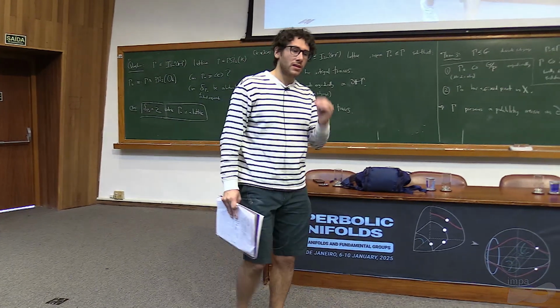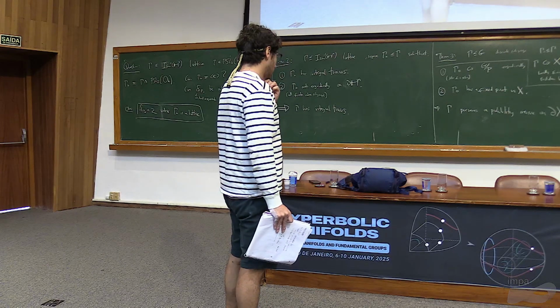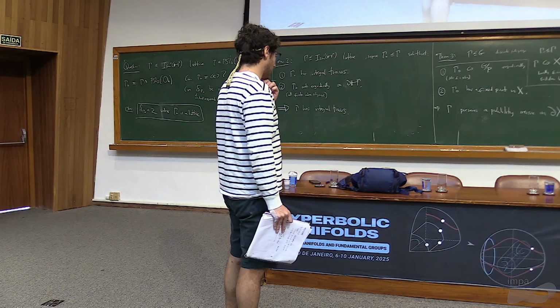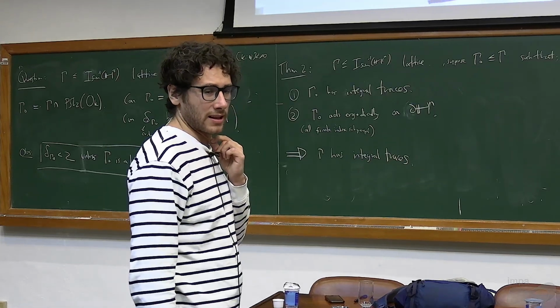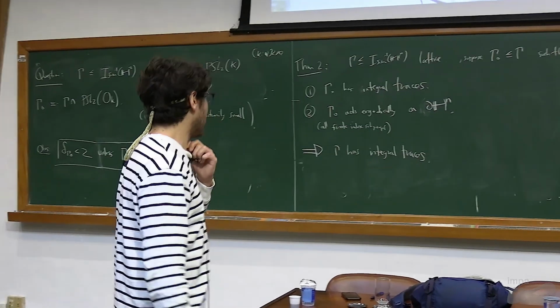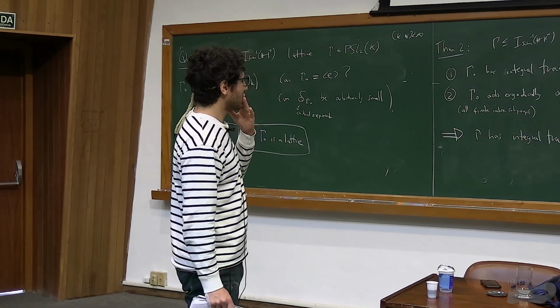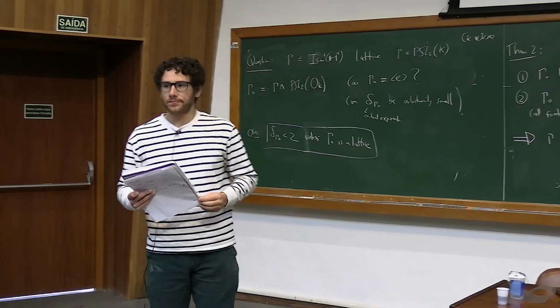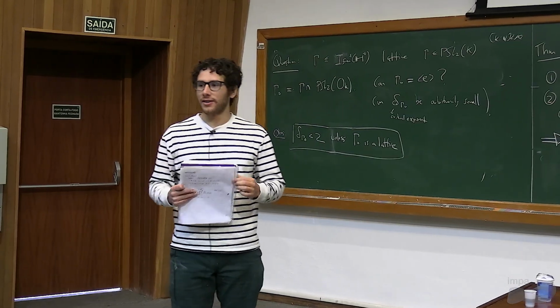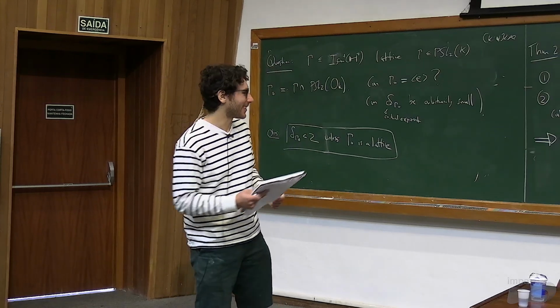If it's not Zariski dense, then the limit set is much smaller than the boundary, so it would not act ergodically. But yes, you always assume Zariski density, better to keep that in mind. Any other mistake, Sami? No. Okay.